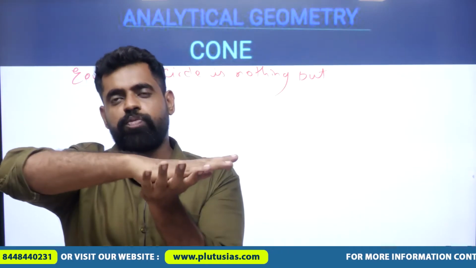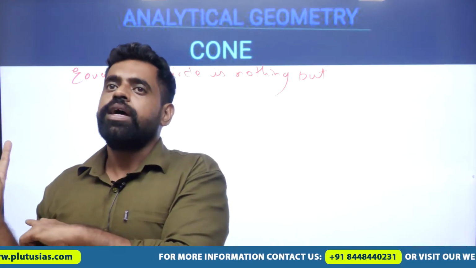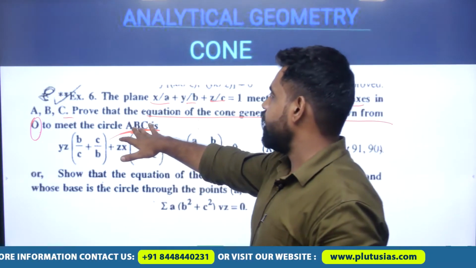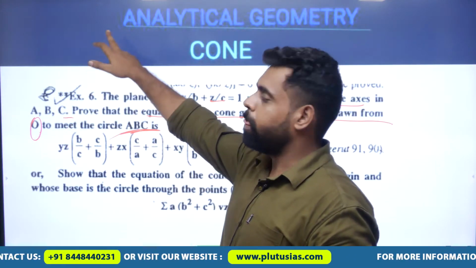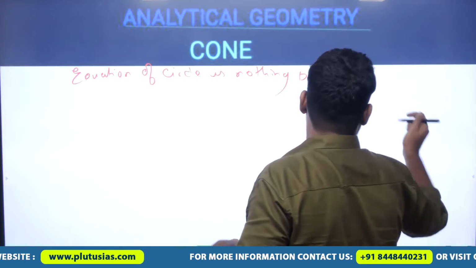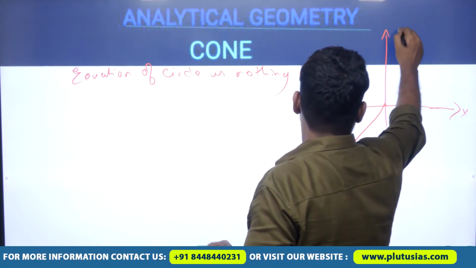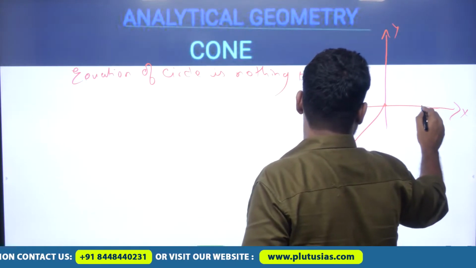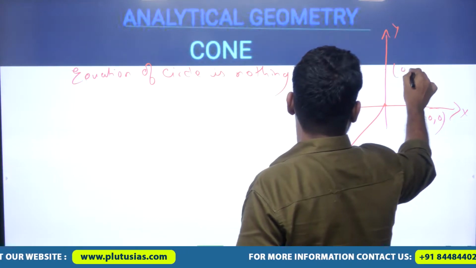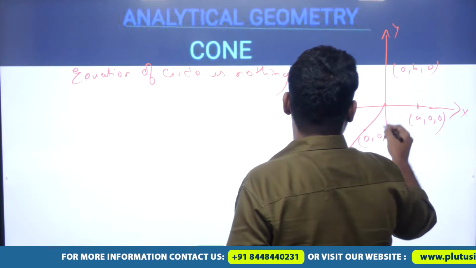So all those points which satisfy both the sphere and this plane would be this circle ABC, where A is (a,0,0), B is (0,b,0), and C is (0,0,c). The circle ABC means a circle passing through these 3 points.